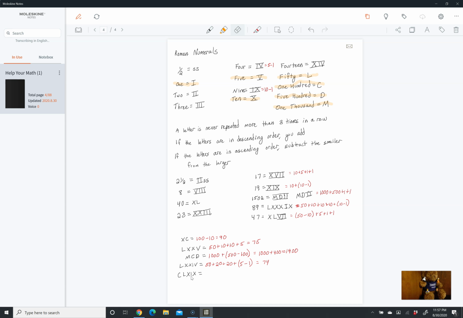So we have 100 plus 50 plus 10, and instead of adding 1, we're going to add 10 minus 1. And notice how I'm putting that in parentheses. So we have 100 plus 50, which is 150, plus 10, which is 160, and then plus 9. So this is 169. Okay, and that's how you work with Roman numerals.